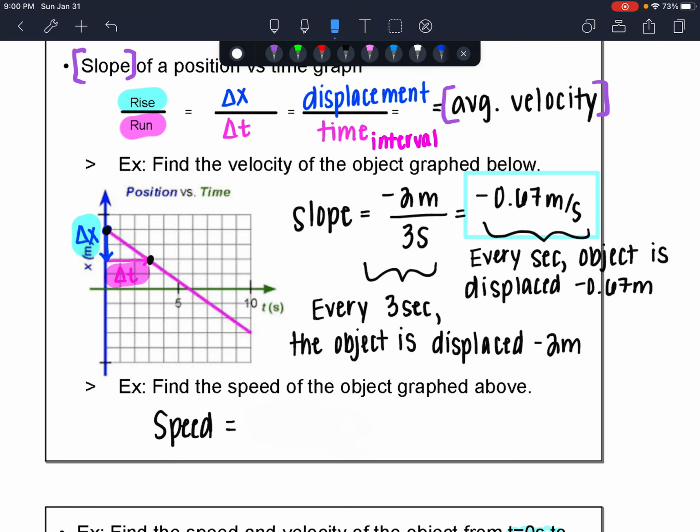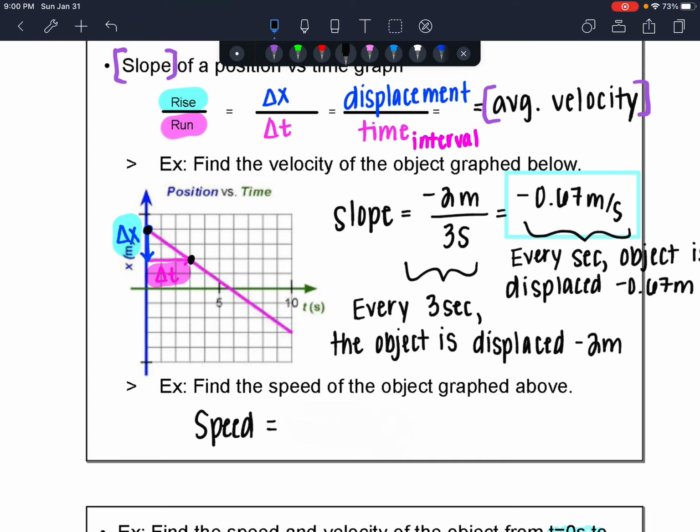Now, let's say I wanted to find the speed of this object graphed above. Luckily, finding the speed is pretty straightforward because for this graph, my distance equals my displacement. How do I know that? Well, I can tell that this object only went in one direction. It didn't turn around at any point in time in its travel. So the length of its path is actually going to be the same value as its change in position.